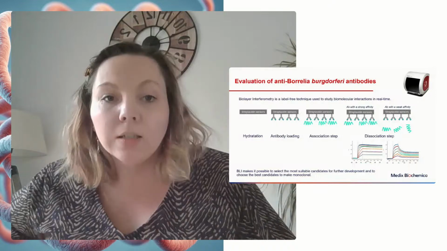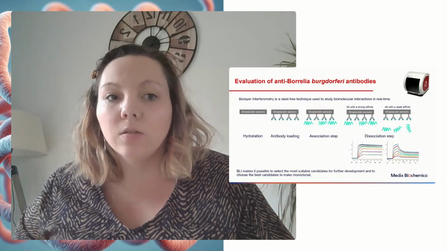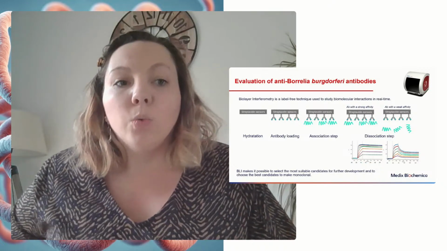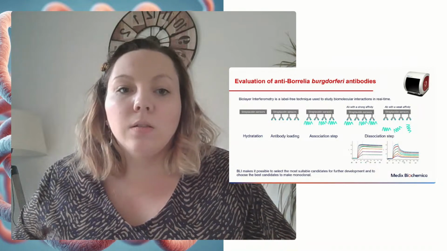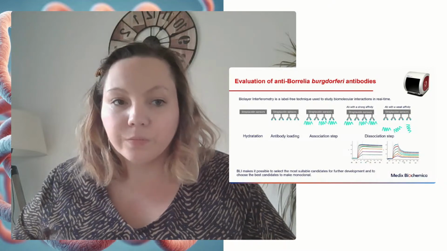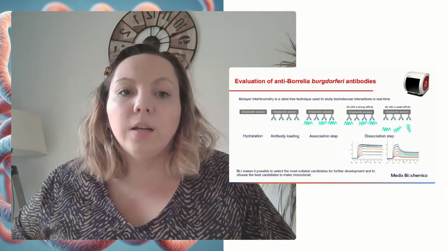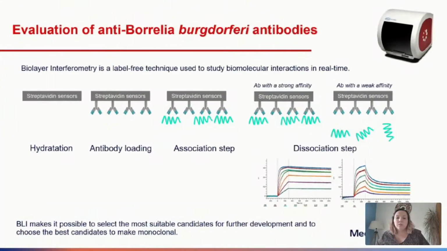This surface is typically coated with a ligand, in this case our antibody, which can interact with its target, in our case a bacteria. And when the analyte binds the ligand, it causes a change in optical thickness for the sensor surface, which detects a shift in interference pattern.